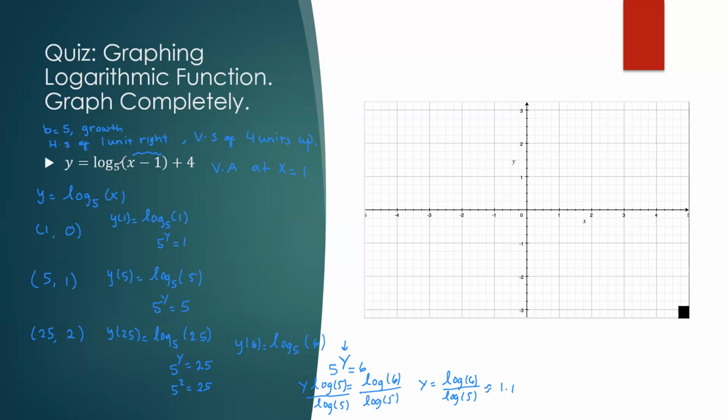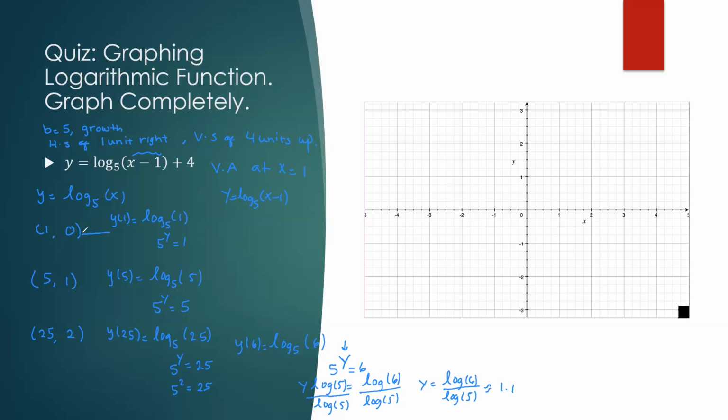Okay, now this is for the parent function. Now let's do the one with the horizontal shift. So let's do y equals log base 5 of (x minus 1). I'm doing it one at a time. This x minus 1 means a horizontal shift of 1 unit to the right, or what it really means is you add 1 to the x value of your previous coordinate.